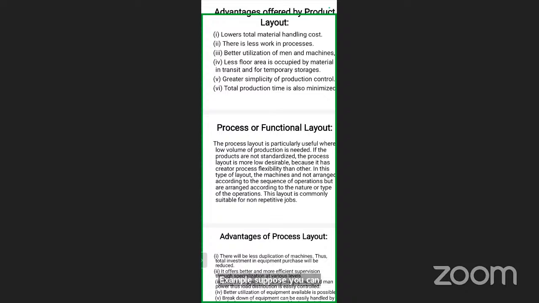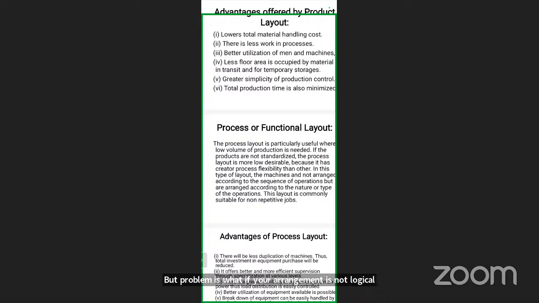Suppose you can give the example of Coca-Cola. Coca-Cola is large volume production, but pen production is different. You can give any example of process layout, no problem. But the problem is, if your arrangement is not in logical sequence, how can you expect better production?